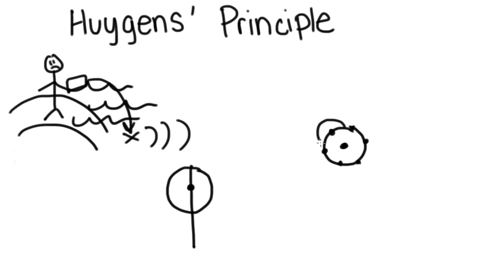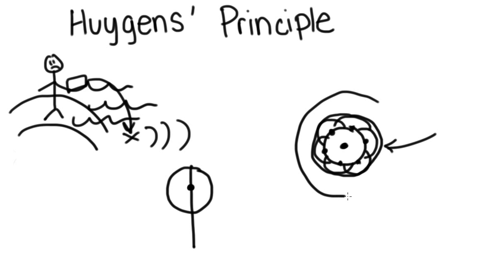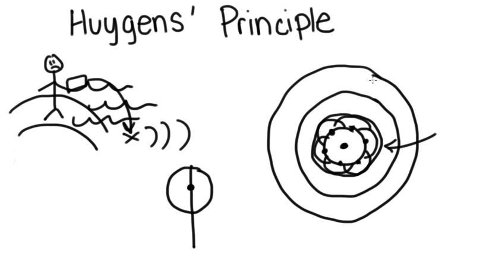So I'll draw semicircles. And the curve that's tangent to all of these spherical waves, this is the next wavefront right here. And this will continue on and on. And this is generally what you see when you drop something into the water, or in this case, your phone.